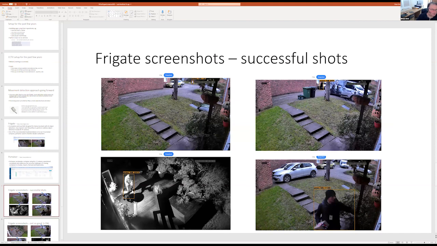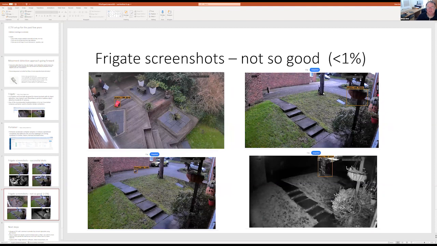Here's some examples of where it didn't get it right. So again, this is less than 1%. So I still consider this a good success rate. There's also, from Saturday, a bag of charcoal briquettes. I think it's 73% a person for some reason. Hanging basket, 53. A fox going past, 54. I mean, these two percentages are very low. I've left that low just for purposes of this meeting, but I'll probably up it to about 70, but it would have still got the bag of charcoal.